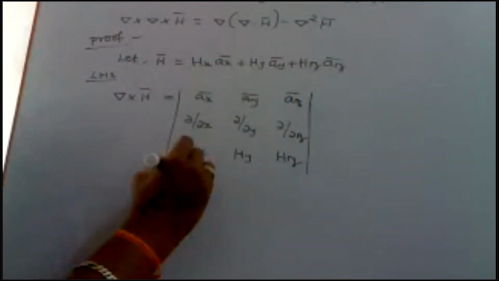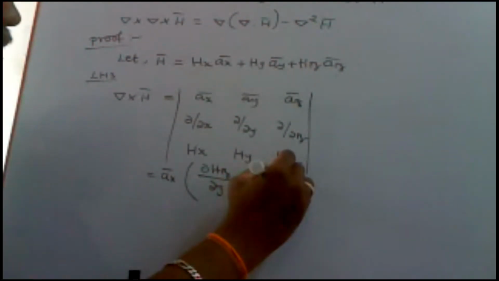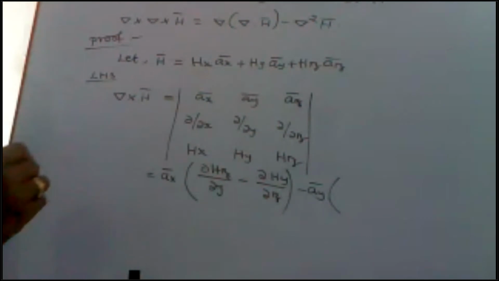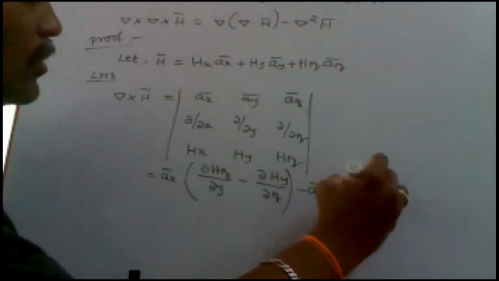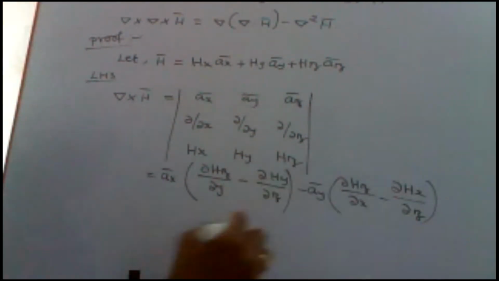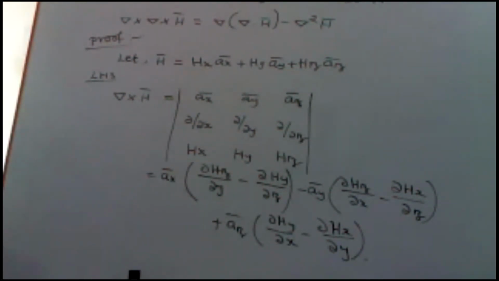It will become Ax vector into dou Hz by dou y minus dou Hy by dou z, minus Ay vector into dou Hz by dou x minus dou Hx by dou z, then again plus Az vector into dou Hy by dou x minus dou Hx by dou y. Do you agree with this? Yes or no?